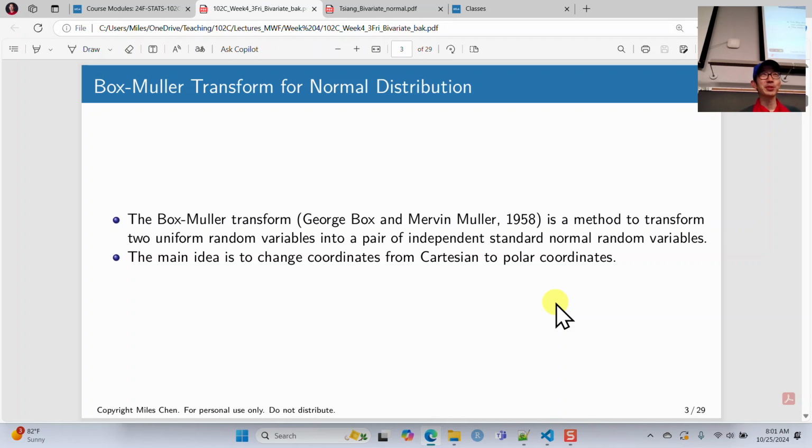When you ask your computer to do rnorm and generate random normal values, it uses its own approximation, an inverse CDF method, which is faster. But this is creative and smart, and it can be used to generate random normal variables.